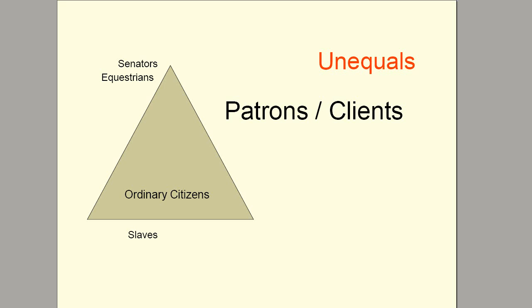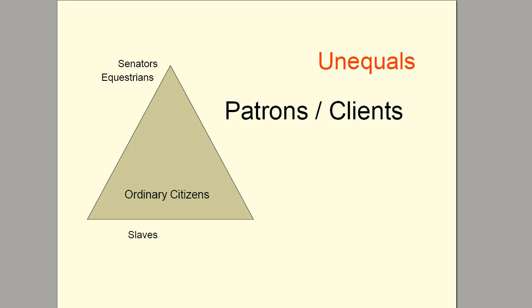So the patron is economically and socially superior to the client, has more wealth and more prestige in society. And the client and the patron have a reciprocal relationship. That is, the clients give something to the patrons, and the patrons give something back to the client.